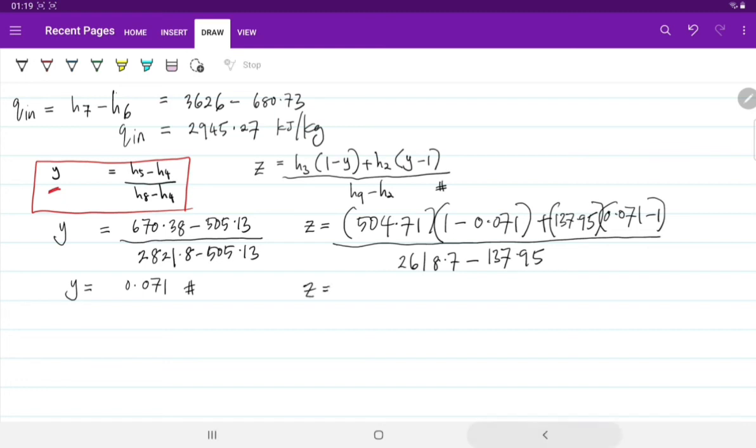Okay, put in the calculator and check. Got 504.71 into 1 minus 0.071.